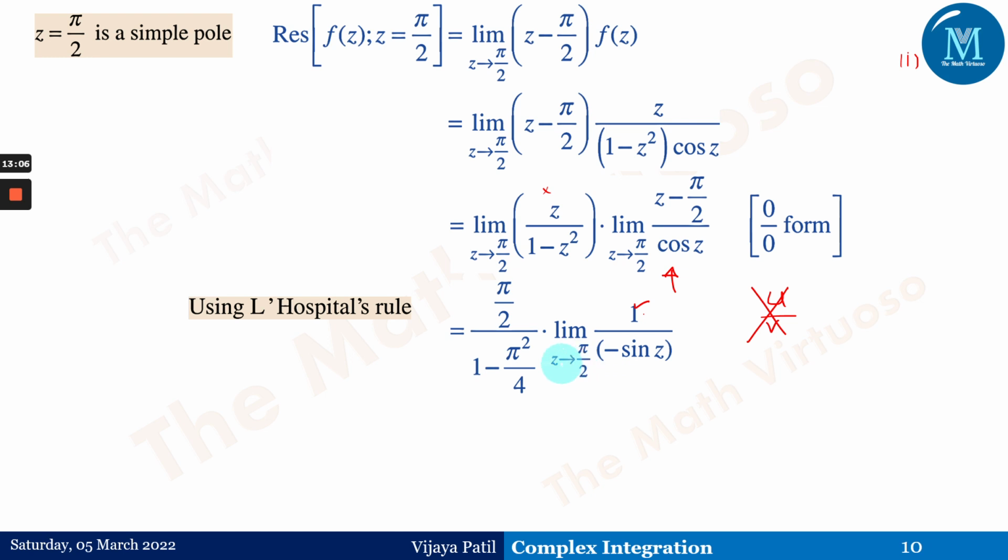Now, putting z equals pi by 2 here, we are not going to get the value 0, so we can substitute the value z equals pi by 2. We get minus 2 pi upon 4 minus pi square, which we can rewrite by absorbing the minus sign inside, giving 2 pi upon pi square minus 4 as the residue of the function at z equals pi by 2.